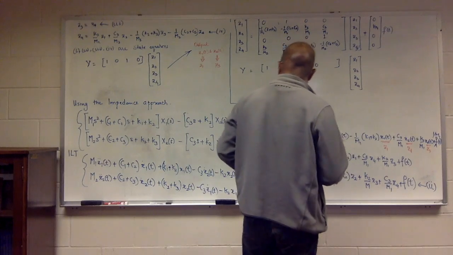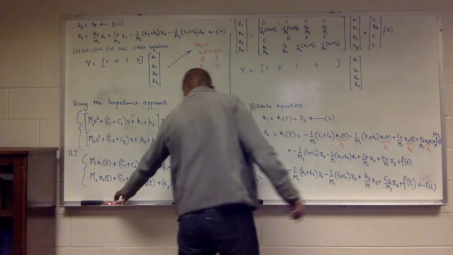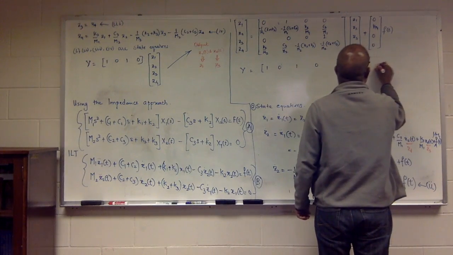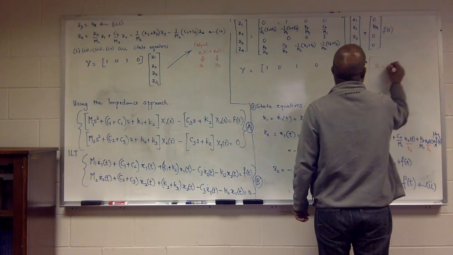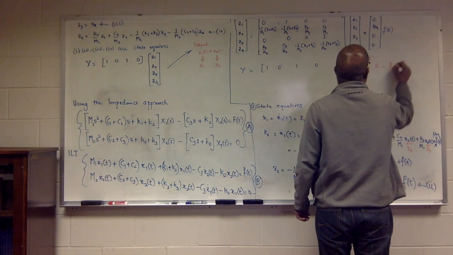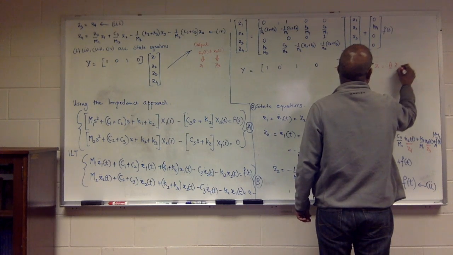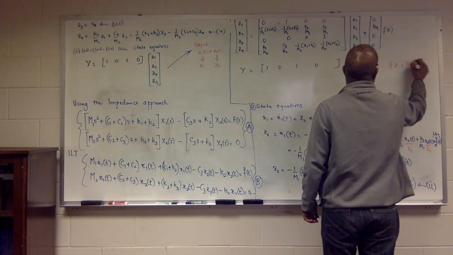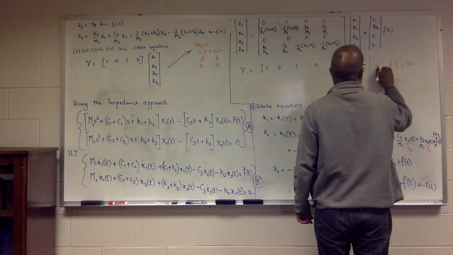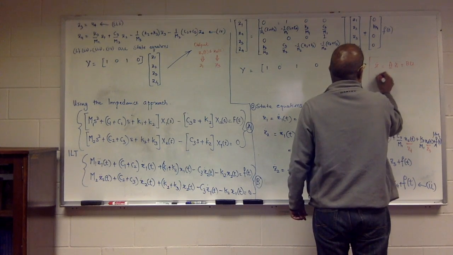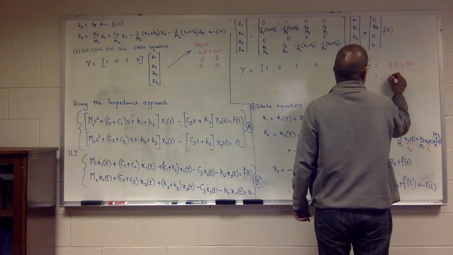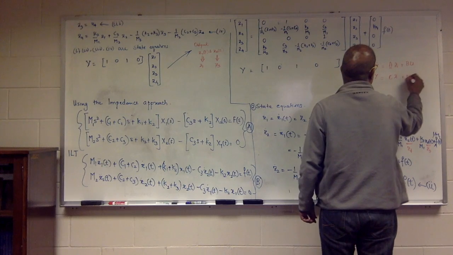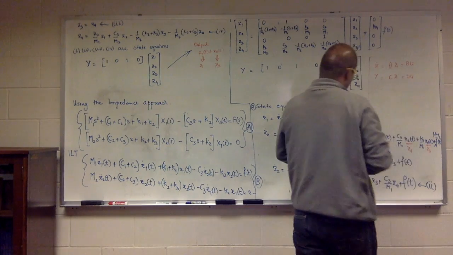So the general form of the state space model is: z dot equal to A z plus B u. So what is this?